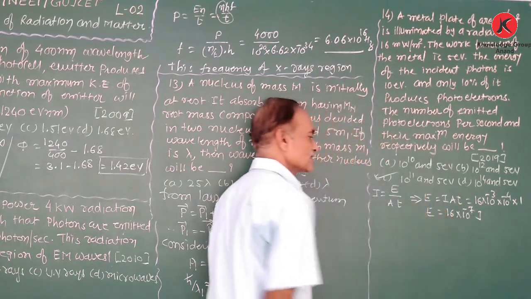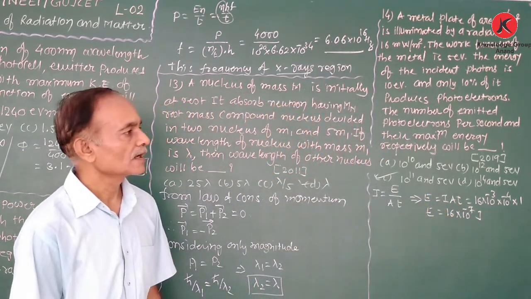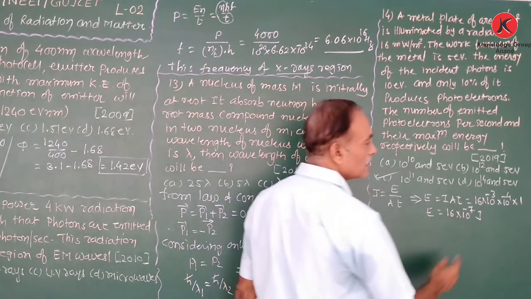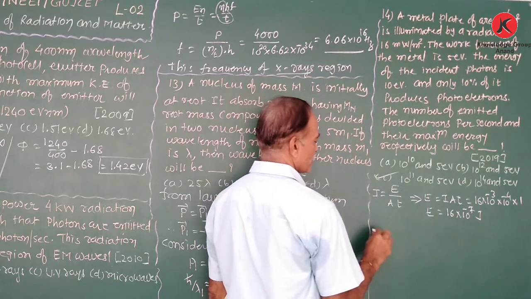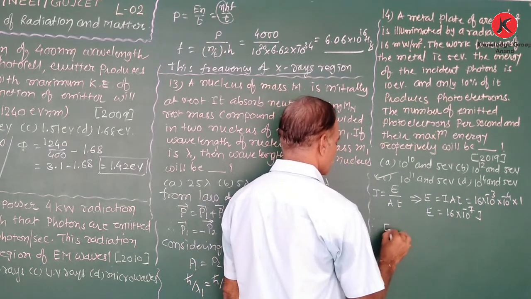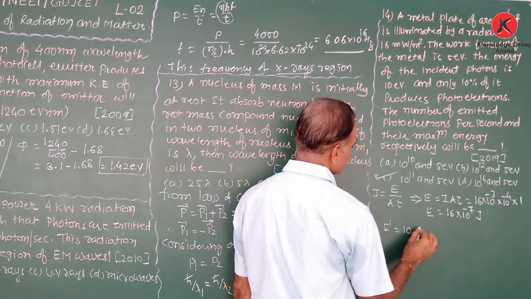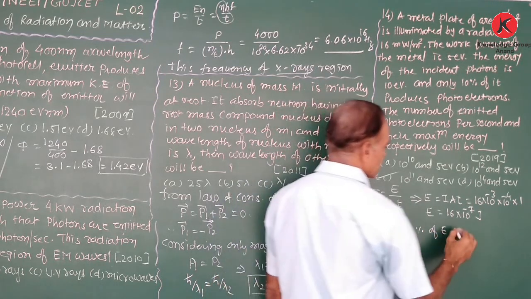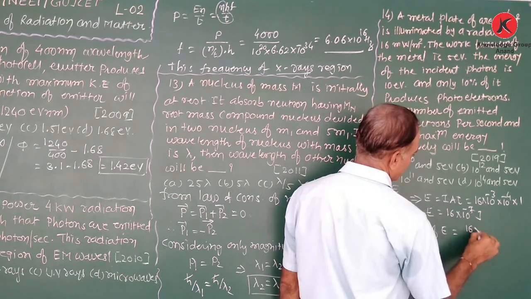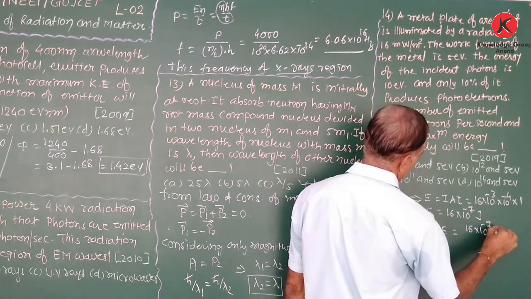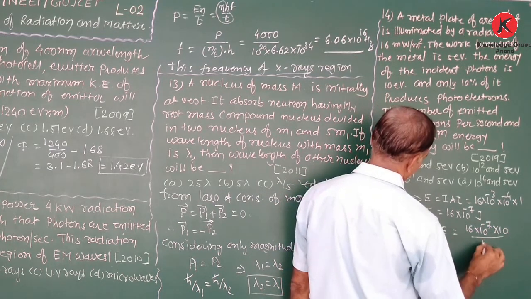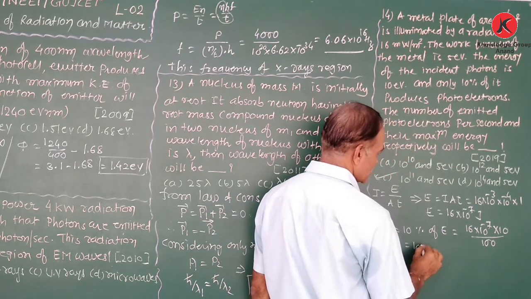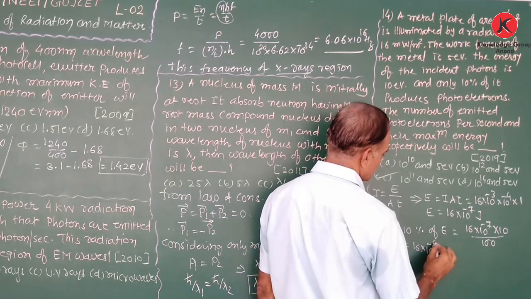That much energy is incident. Out of this, only 10% energy produces the photoelectrons. Therefore, E_ds is 10% of it, which is 16 × 10⁻⁷ × 10 upon 100, equal to 16 × 10⁻⁸ joule.